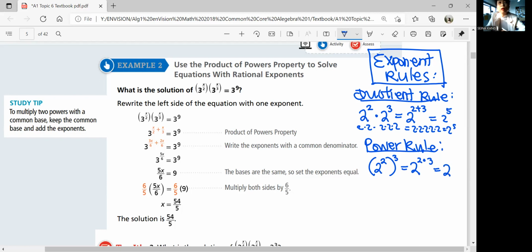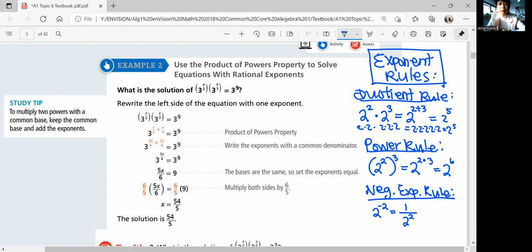And that's 2 to the power of 6. Okay. And then we have the negative exponent rule, which means if you have a base with the negative exponent, you change it to a fraction with the same base, with the positive of the opposite power.